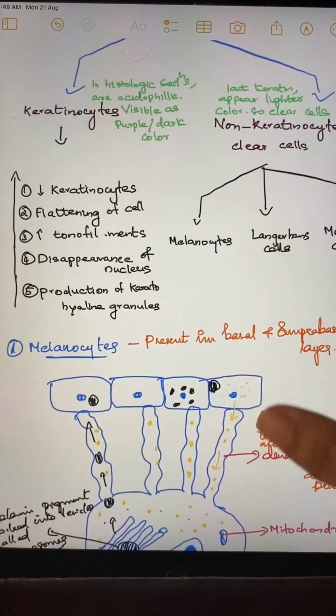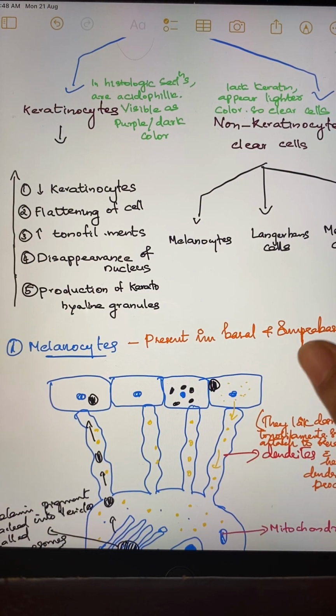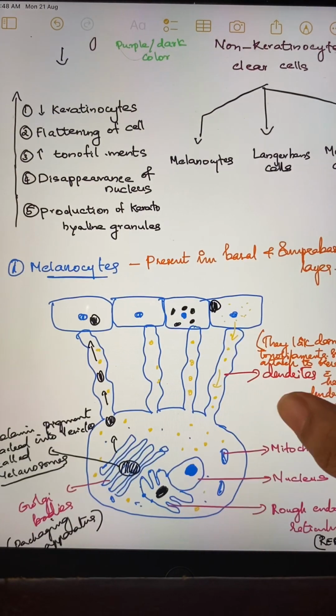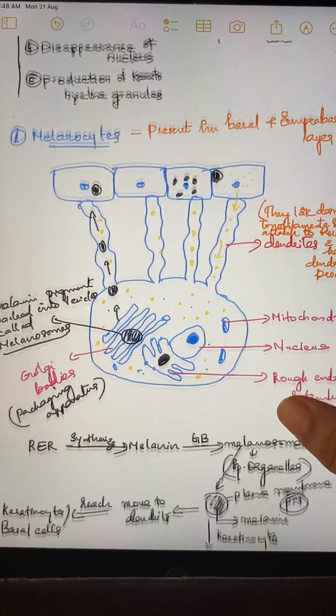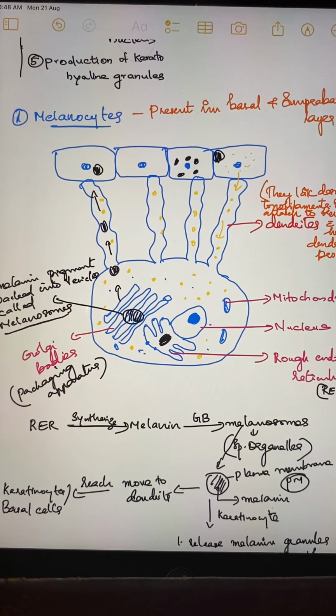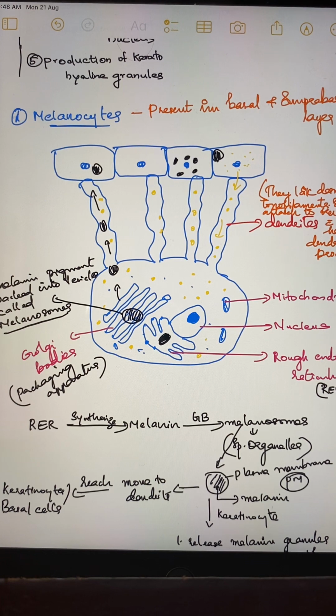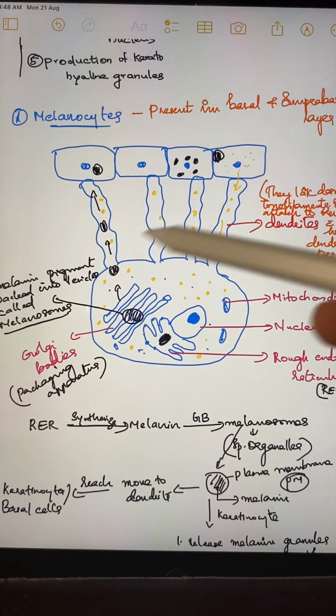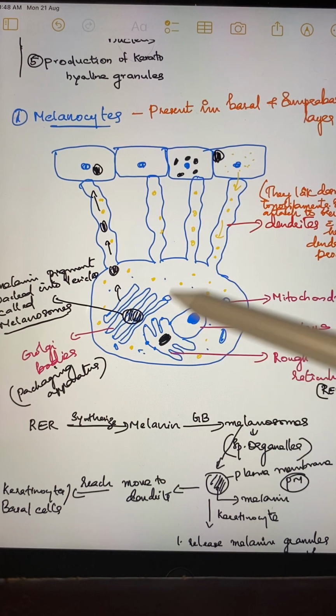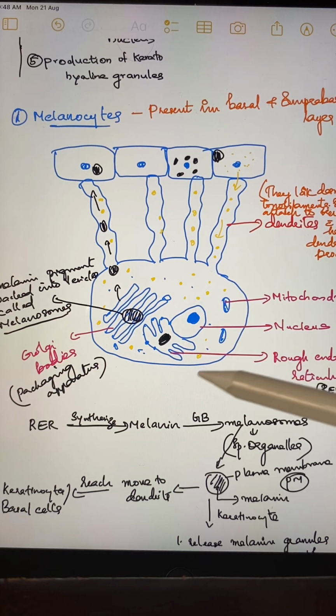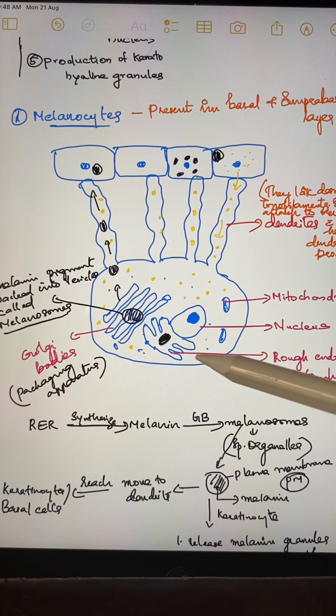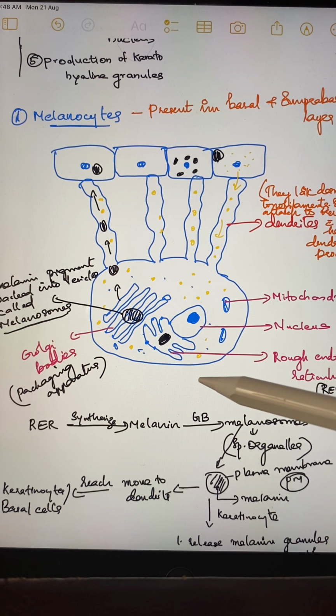Actually these non-keratinocytes are not really important, so I will just cover a little bit of them. So what are melanocytes? These melanocytes are present in the basal and the suprabasal layer. This is the picture of a melanocyte. Keratinocytes have desmosomes, which are the connection between two cells.